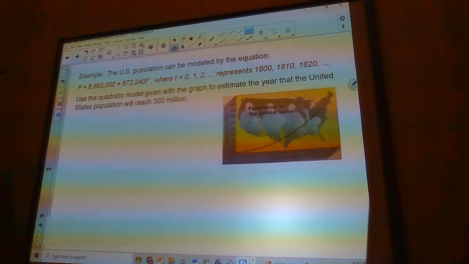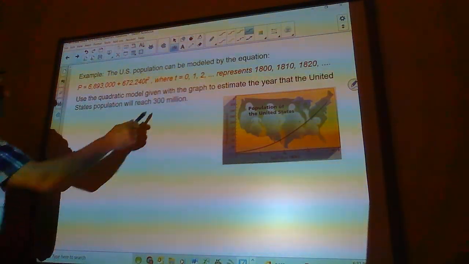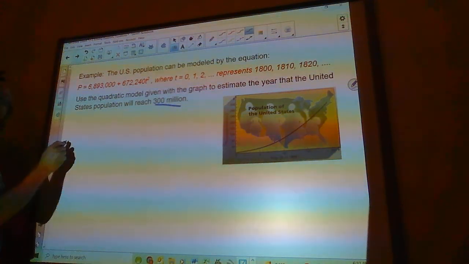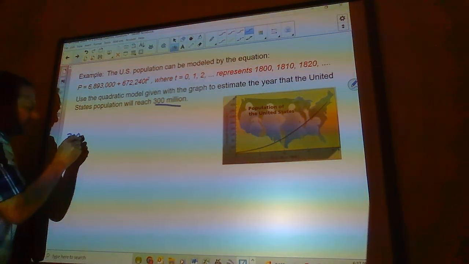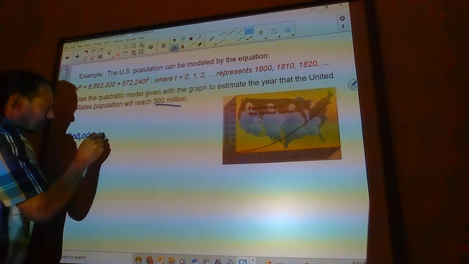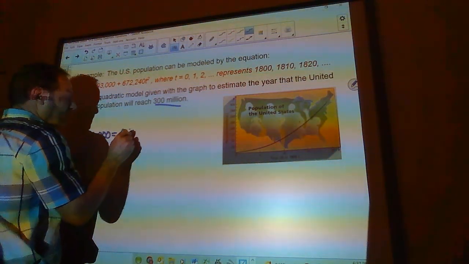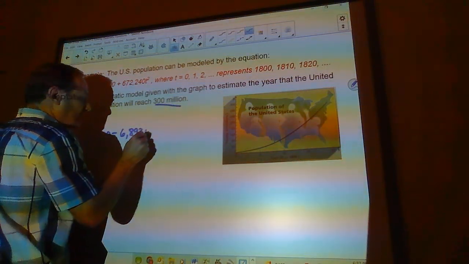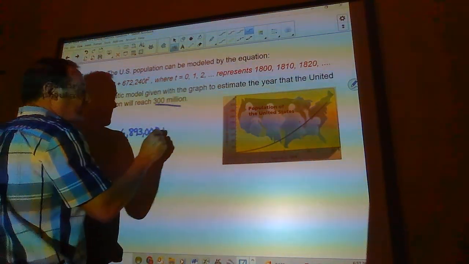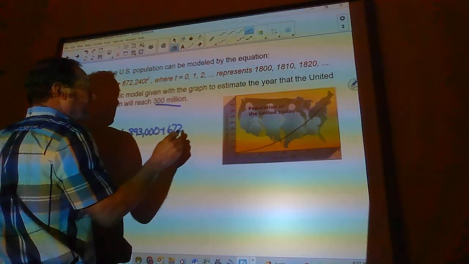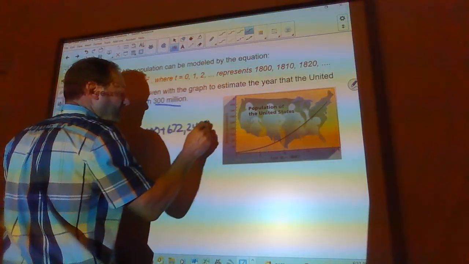We want 300 million to be the answer, so that's going to be the population. 300 million is going to equal 6,893,000 plus 672,240 t squared.